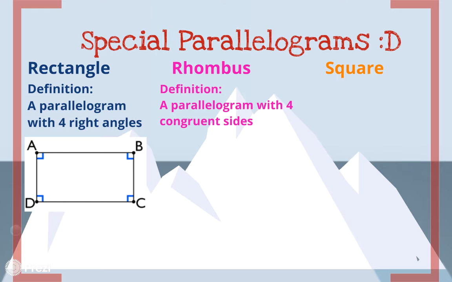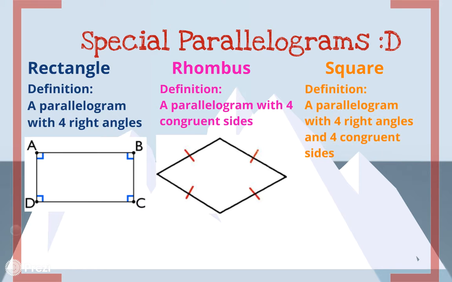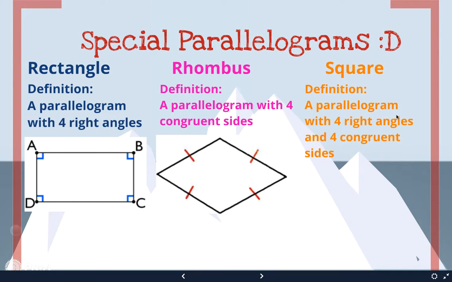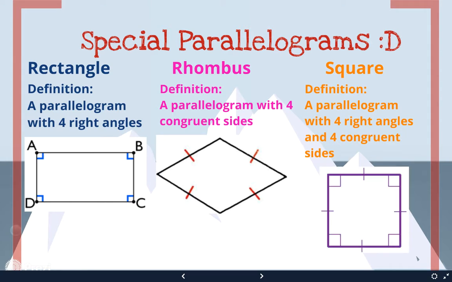So if you ever see a parallelogram strolling down the street and it has four congruent sides, guess what? It's a rhombus. All right, and then finally, a square is a parallelogram that has four right angles and four congruent sides. So it kind of combines what it says about rectangle and rhombus.